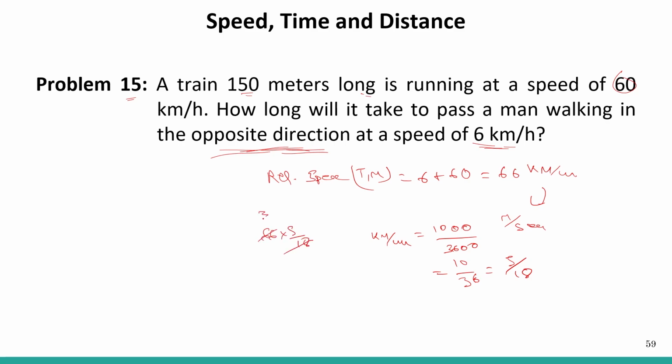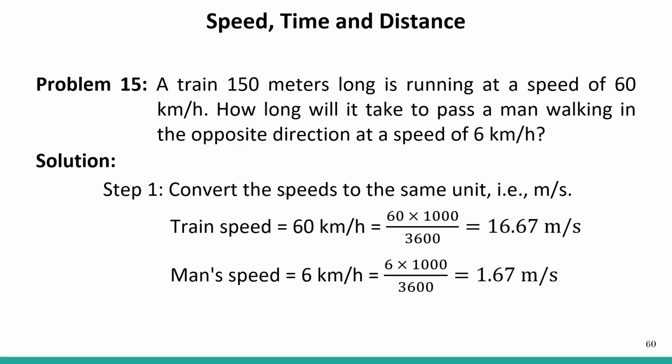So it will be 33 and 9, and 33 into 5 is equal to 165 by 9. This is the relative speed of the train and man in meters per second. So convert the speeds to the same unit, that is 16.67 and 1.67 for the train and man speed respectively.